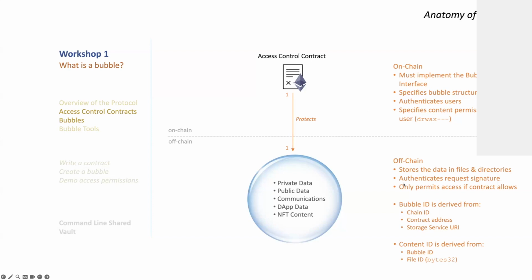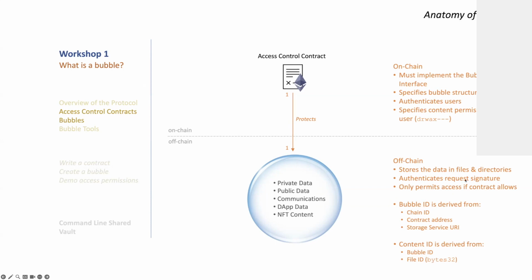The off-chain half, which in our case will be stored on the Bubble private cloud, is just a cloud server with the Bubble protocol built in, acting a bit like a firewall. We call it the Guardian, and that protects the data, and it communicates with the contract to identify whether a request is permitted to access the bubble.